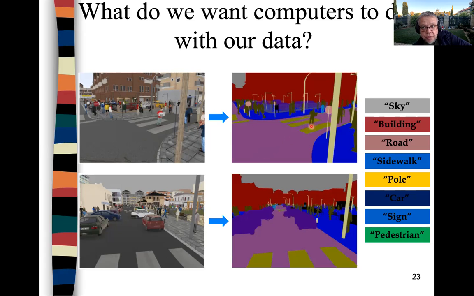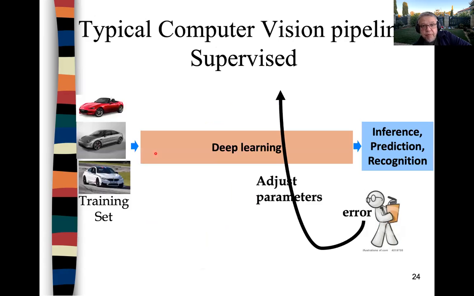This is the road, so all these pixels correspond to the road and so on. The same thing here, this corresponds to a car, another class, and so on. So in semantic segmentation, you want to associate each pixel to a certain class.